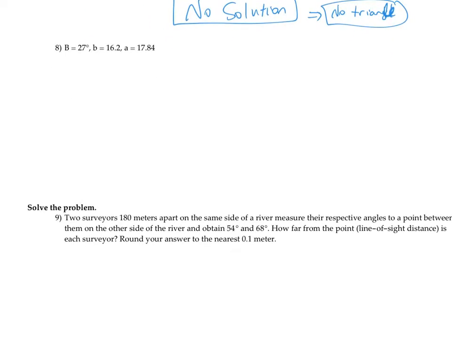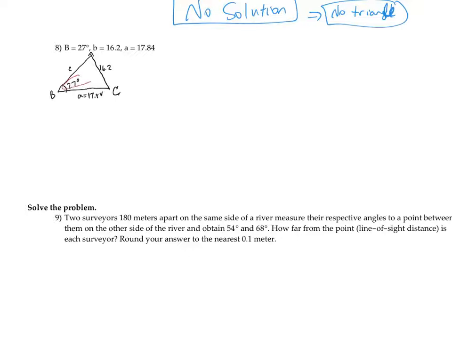All right, last one. You can probably guess, but this one's going to be one where we get two different answers. So let's do, here's 27 degrees, gets capital B, so this is 16.2. Let's say this is 17.84, so that's capital A up here, and then C and little c.